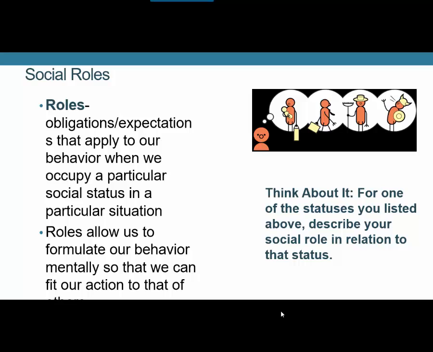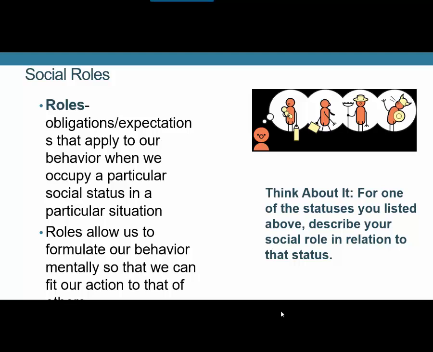So, for at least one of the statuses you wrote down, see if you can describe your social role in relation to that status. Like for me, if I am a pet owner, part of that requires me taking care of my pet, feeding my dog daily, making sure he's up to date on all of his shots and vaccines.